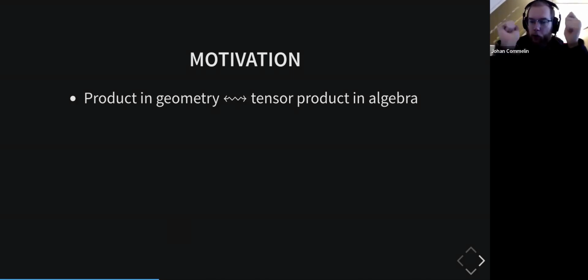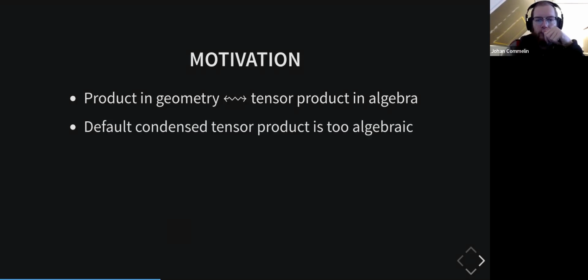And so this works really well in algebraic geometry, in the world of affine schemes and commutative rings. But it breaks down in the classical approaches to analytic geometry. In many cases there isn't really a good tensor product to make this duality work. And also, condensed mathematics doesn't solve it immediately.